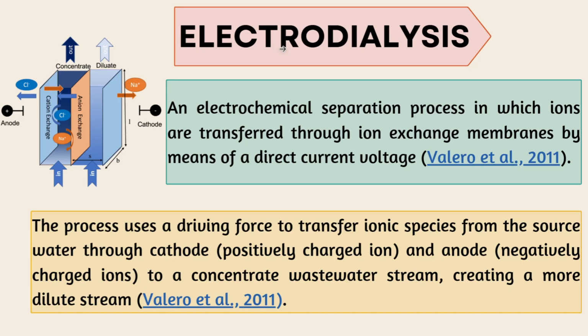So basically, electrodialysis is an electrochemical separation process that uses electric field to move ions out of water. When you apply voltage across a stack of special membranes, cations will move one way and anions move the opposite way. It separates a stream of water into a dilute stream and a concentrate stream.